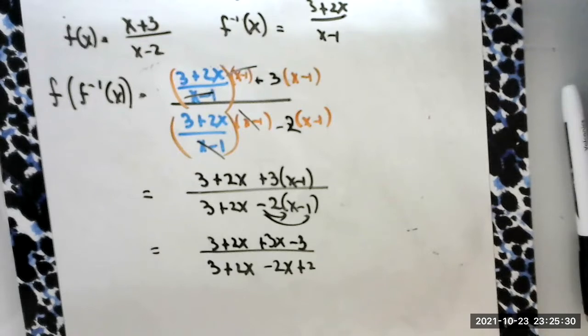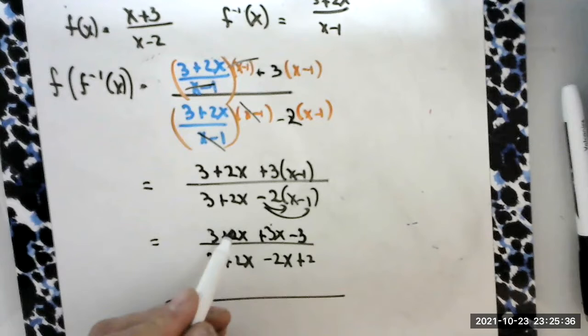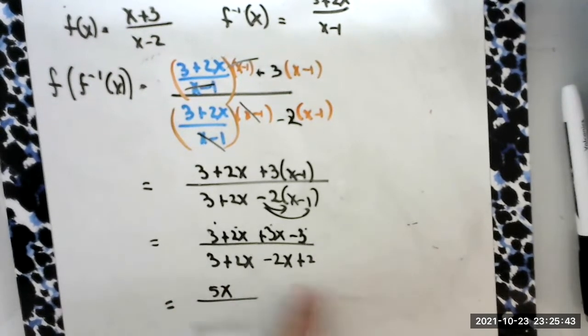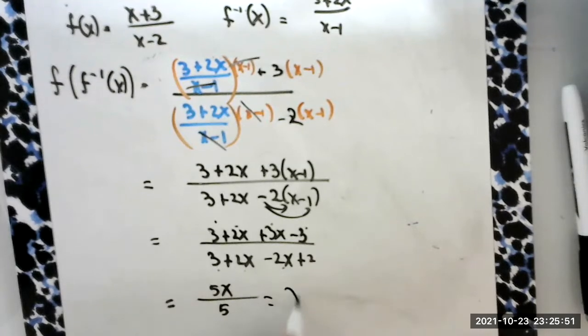Combining like terms, let's see what we have. 3x plus 2x, that would be 5x. 3 minus 3, adios. And then I have 2x minus 2x, bye-bye. 3 plus 2, that would be 5. And 5x over x, that would be, of course, x. So 50% down, 50% to go. One down, one to go.